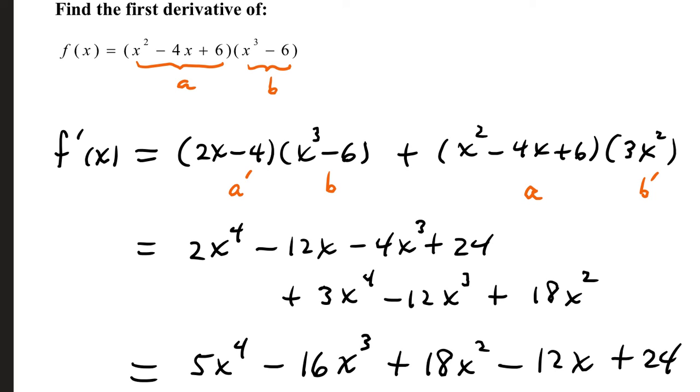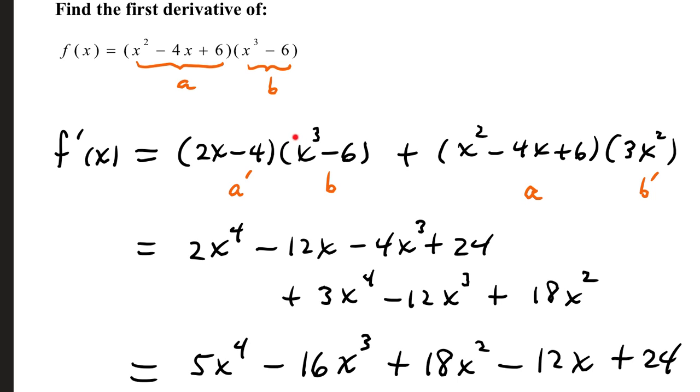Using product rule, we have a product of x squared minus 4x plus 6 and x cubed minus 6. So I label the first group A, the second group B. The derivative of our first group is 2x minus 4 times the second group left alone, plus the first group left alone times the derivative of the second group, which is 3x squared.